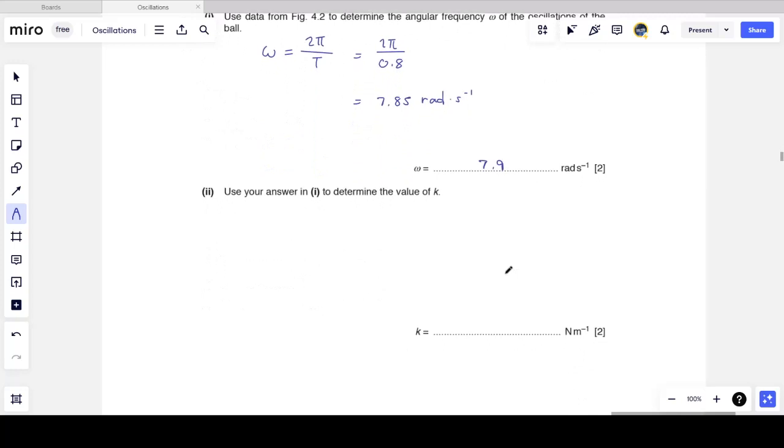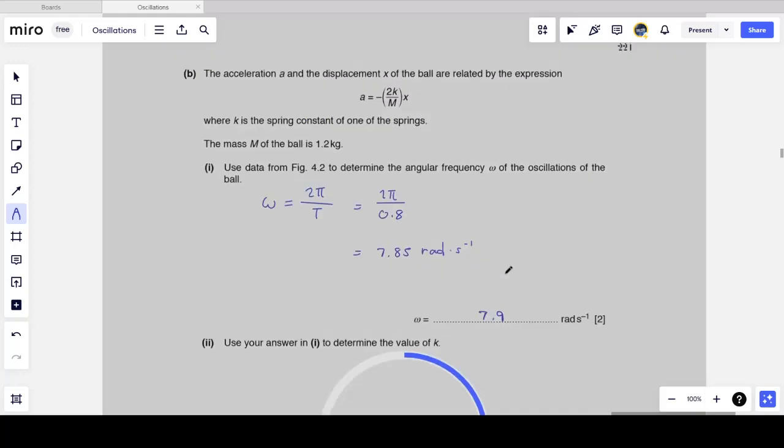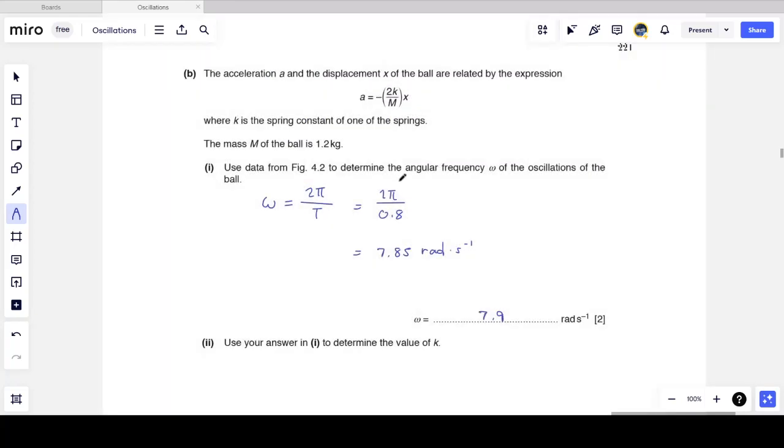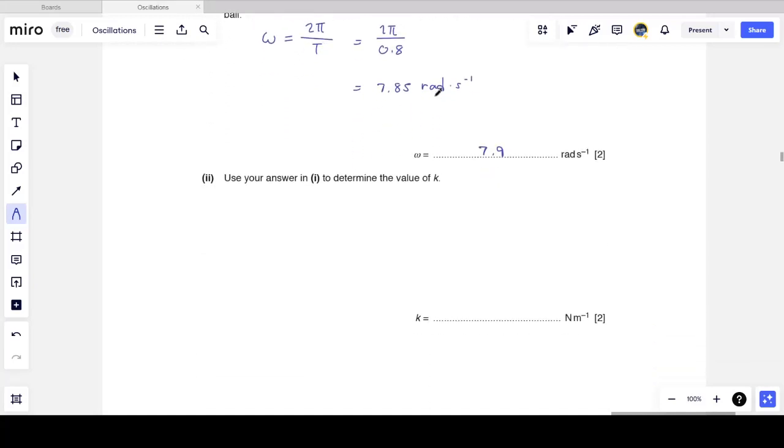We're then told to use the answer in 1 to determine the value of k. Now where's k? k is in the brackets again. a is equal to minus something times x. We know from the equation for simple harmonic motion that something is omega squared.